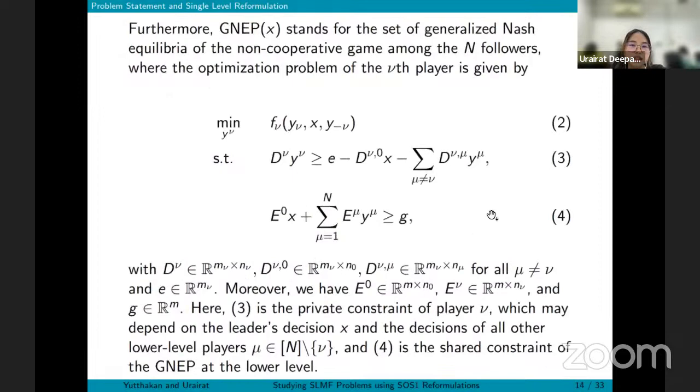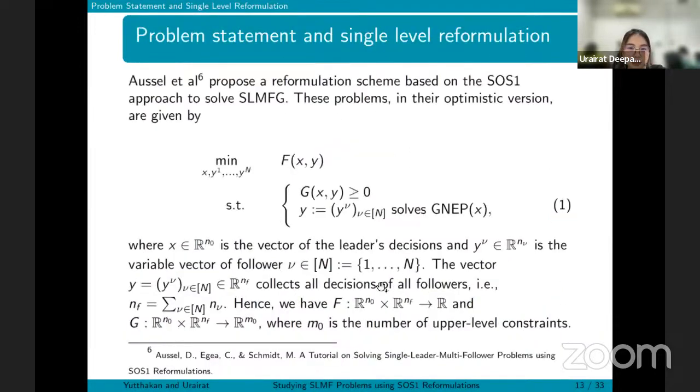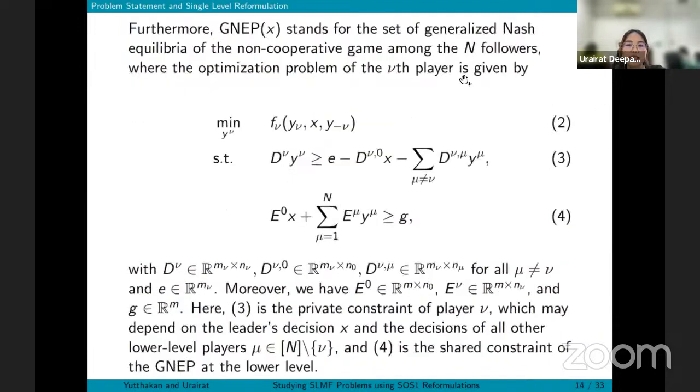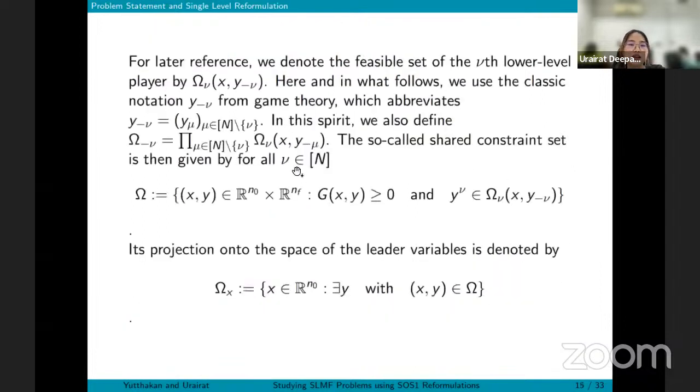Okay, on this page we have equations 1, 2, 3, 4. They define the constraint set gamma, and its projection to the space of the leader variable.